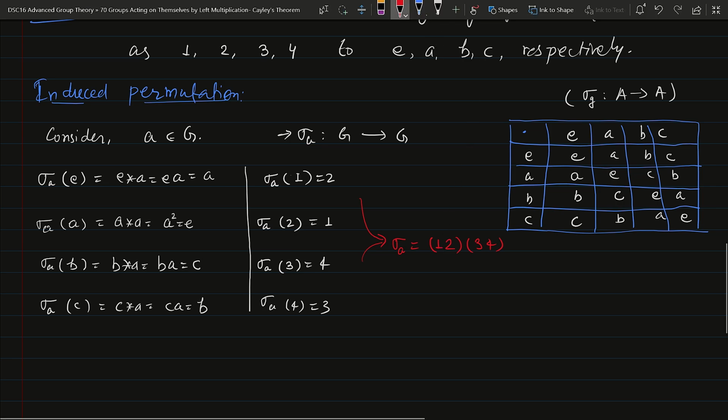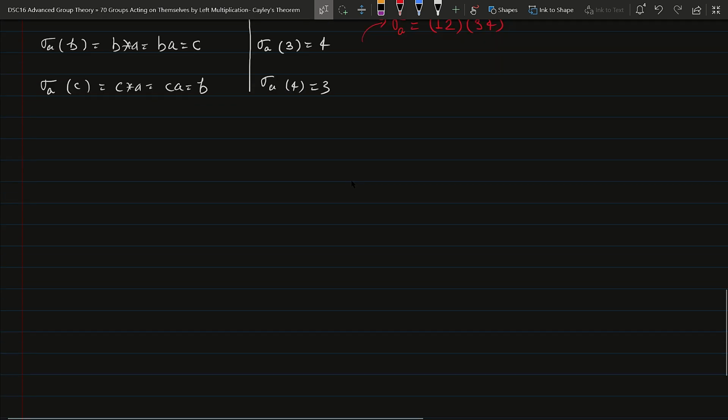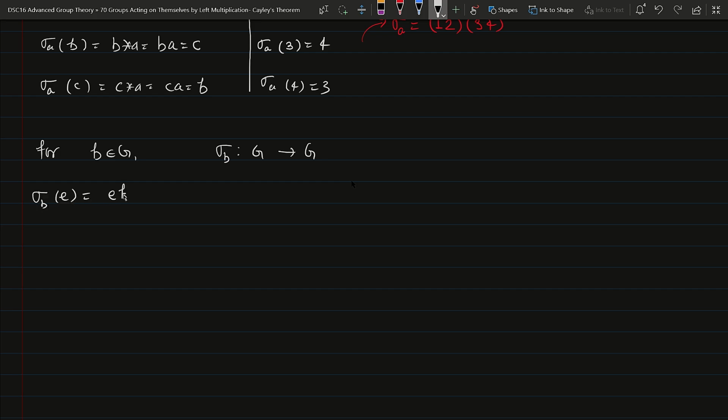Similarly, if you consider b, then we have the sigma b operation. For b belongs to G, we define sigma b from G to G. So in this case, sigma b on e, that is eb, because e star b is given, and that is equal to b.